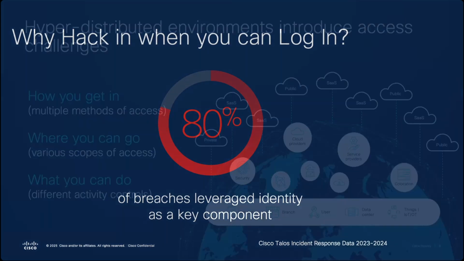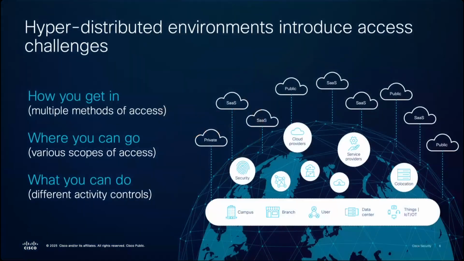Now, secondly, if you think about the hyper-distributed environment that we currently are in, where you have a mix of folks in the office, at home, and in the field, there are three broad areas you can think about for application access. Number one is, how do you get in?